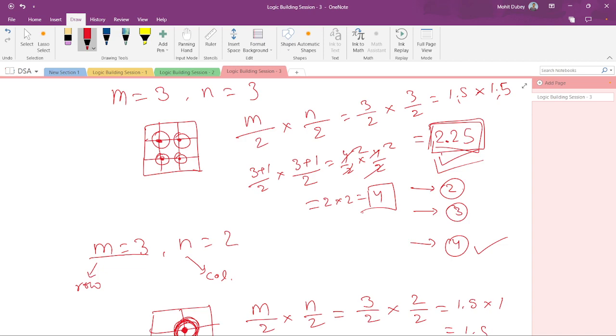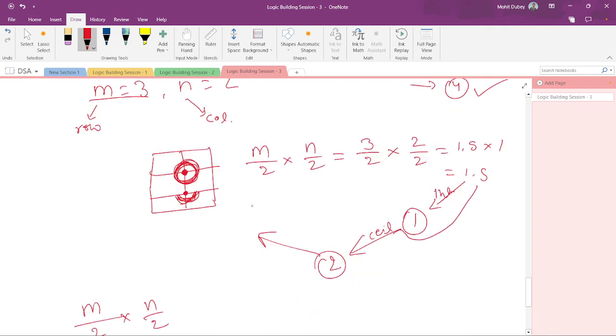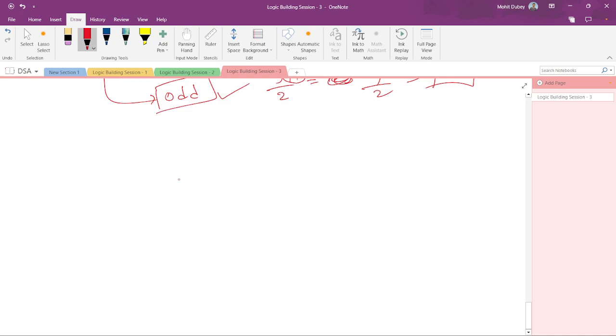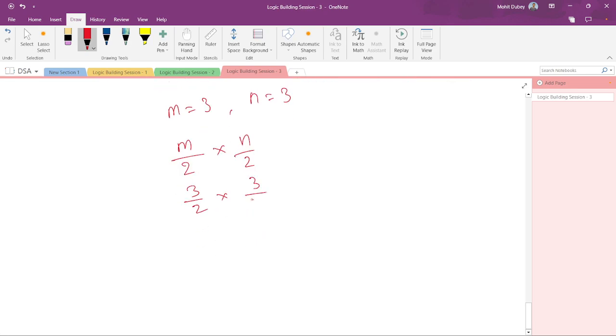Now you guys might be wondering that this is a makeshift logic, but can I also say, instead of adding this value, that I should be getting a ceil value? Suppose m is equal to 3 and n is also 3, and I do m by 2 into n by 2, that is 3 by 2 into 3 by 2, which is 1.5 into 1.5.